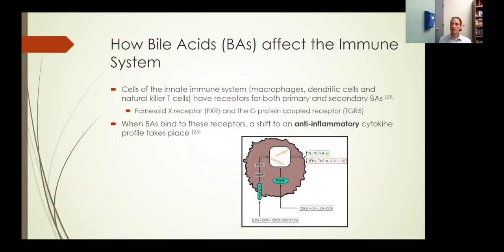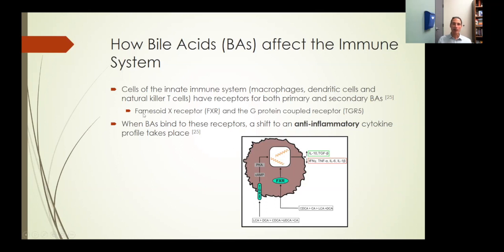How do these bile acids affect the immune system? Well, cells of the innate immune system, macrophages, dendritic cells, and natural killer cells, many main cells of the immune system, have receptors for both primary and secondary bile acids. So I mentioned before the FXR and the TGR5 receptors.